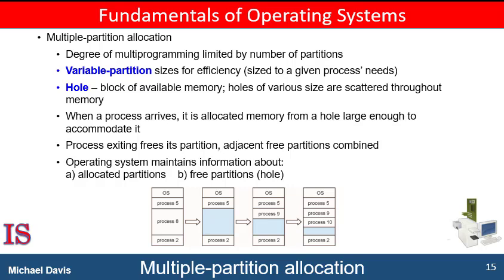As a process enters the system, the operating system considers the memory requirements of each process and the amount of available memory space to determine which processes are allocated memory. When a process is allocated space, it is loaded into memory, where it can then compete for the CPU.